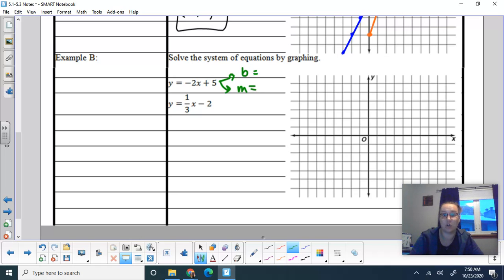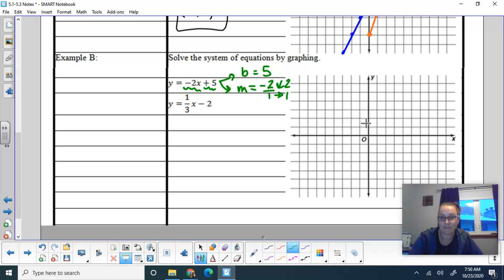Sometimes we will have to do a little work before we can do that, but in this case, we're good to go. We can just jump right in. So in this case, my y-intercept is 5, and my slope is attached to the x. So that's -2, and if it doesn't have a number below it, we put a 1. So this one's going to go down 2 over 1.